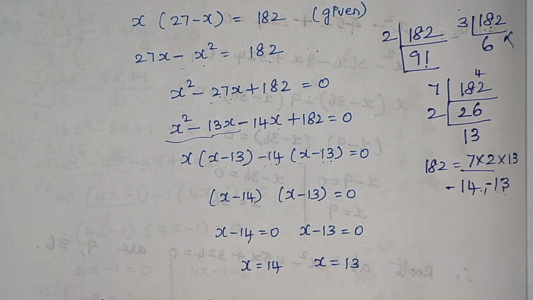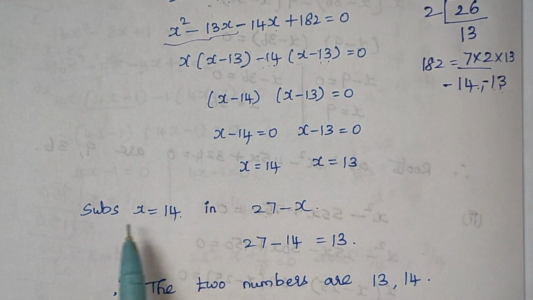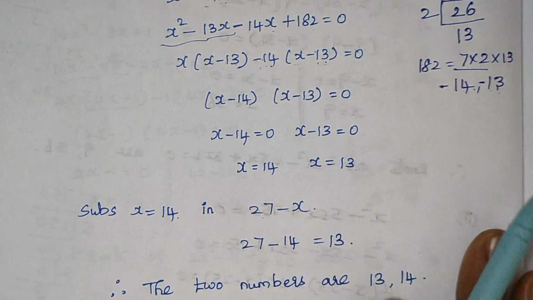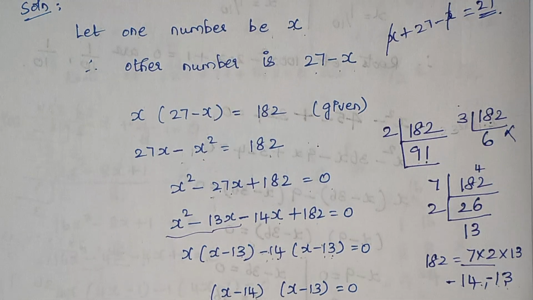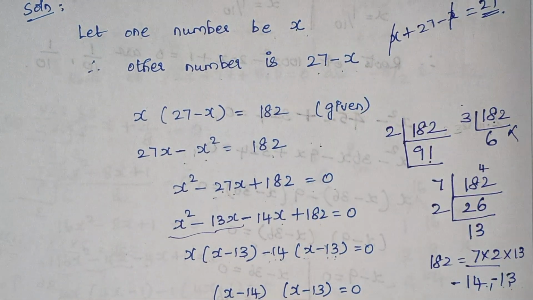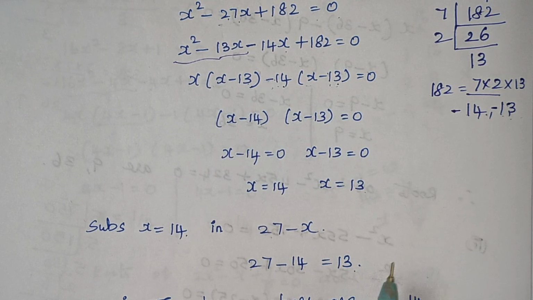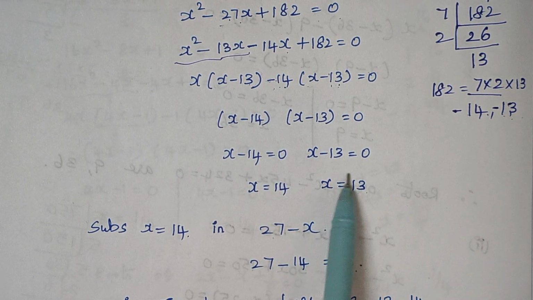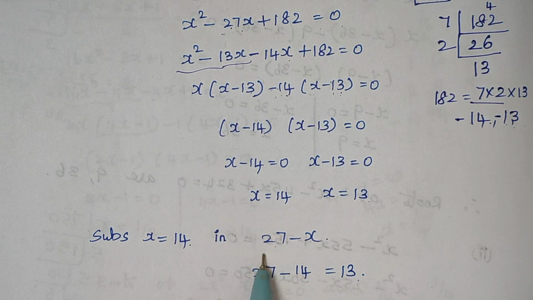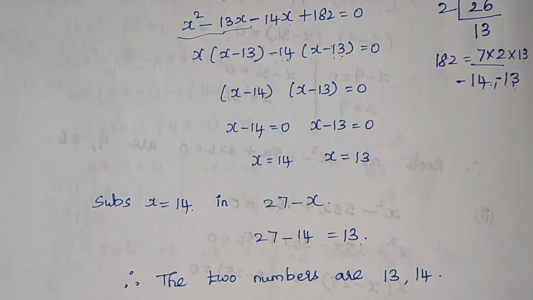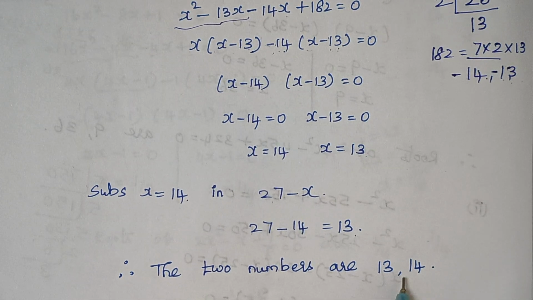Let us find the other number by substituting this x value, because the other number is 27 minus x. So 27 minus 14 gives you 13. Or else, if you take x equal to 13 and substitute it, you will get 14. So finally the two numbers are 13 and 14.